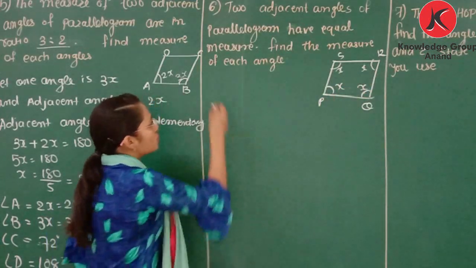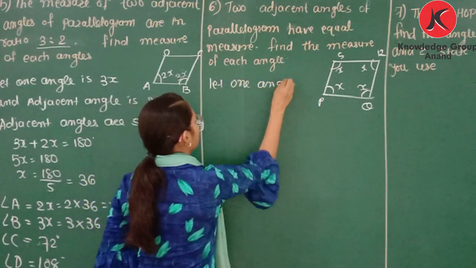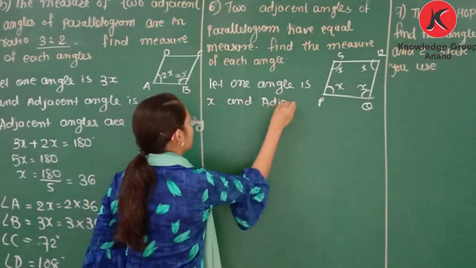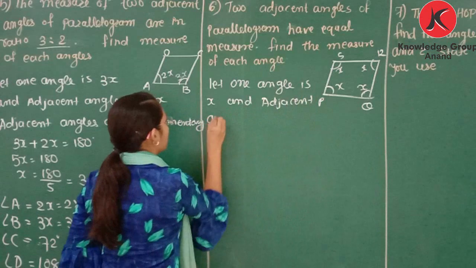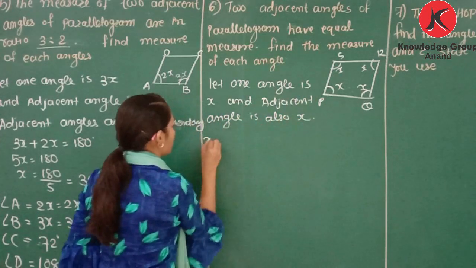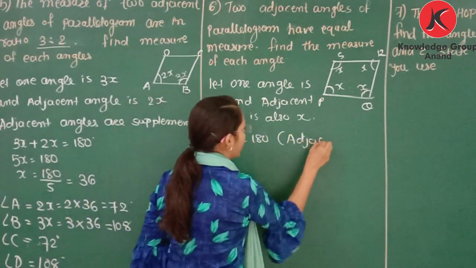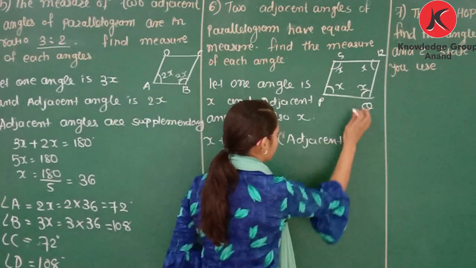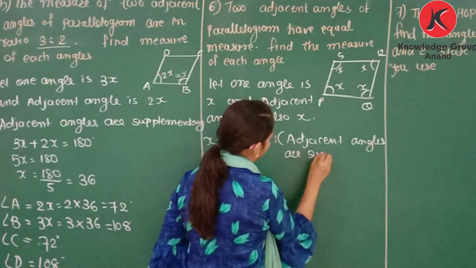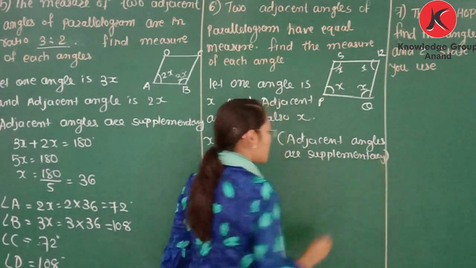So let's start. Let one angle be x and the adjacent angle also be x. Adjacent angles are supplementary if it is a parallelogram.